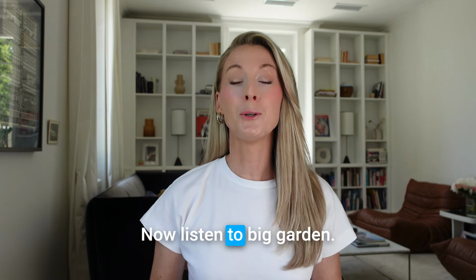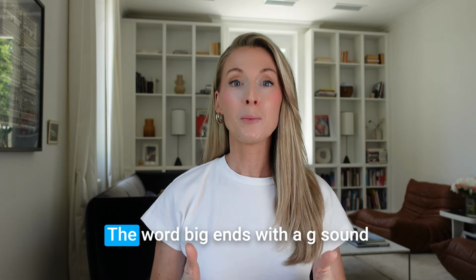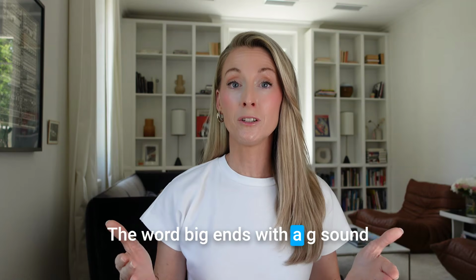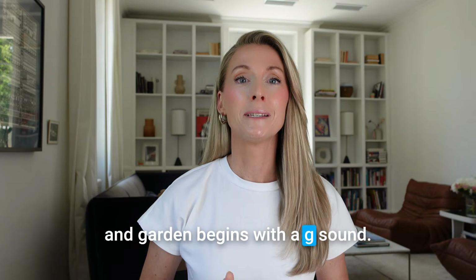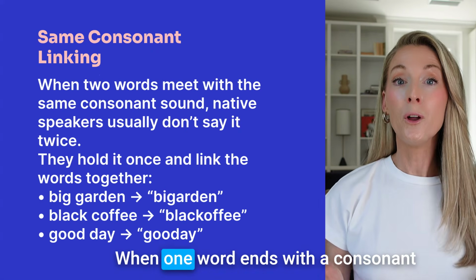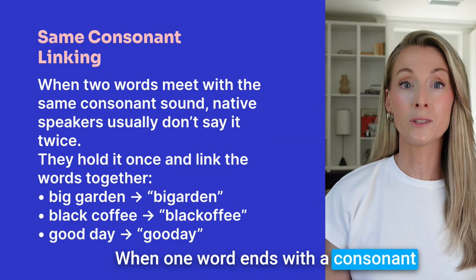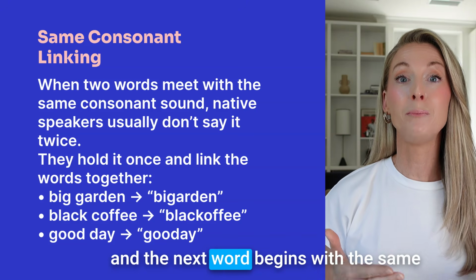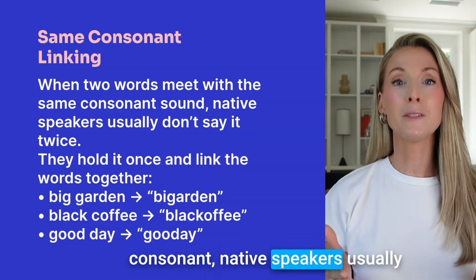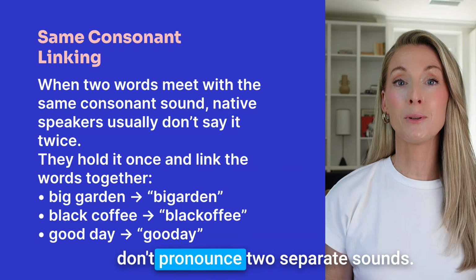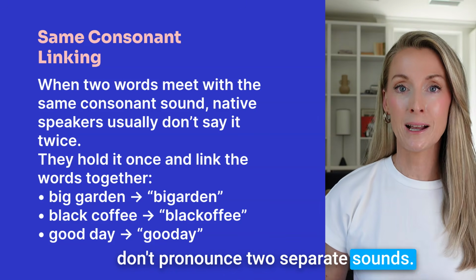Now listen to big garden. The word big ends with a G sound and garden begins with a G sound. When one word ends with a consonant and the next word begins with the same consonant, native speakers usually don't pronounce two separate sounds.